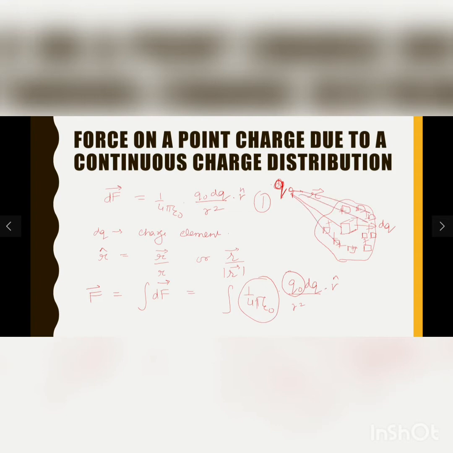So this is a general technique that we use with continuous charge distribution: first we take the contribution due to a very small element, and then we integrate over that small element's contribution to get the net contribution due to the whole object.